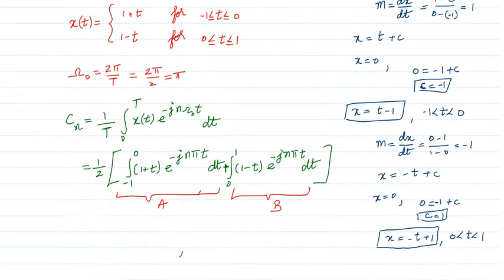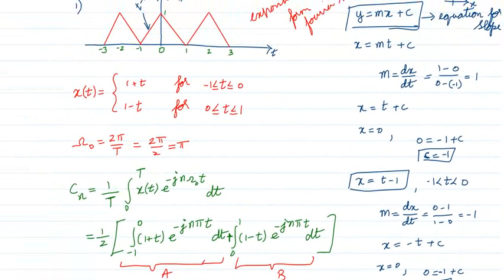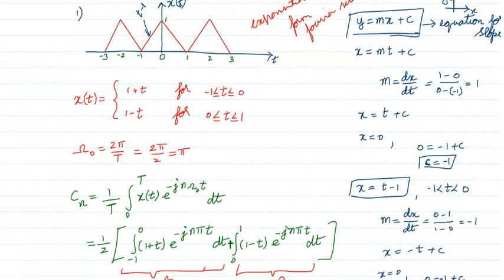Now if you put the c value, x equal to minus t plus 1 between the time 0 and 1. So this is the waveform. This is the equation of the slope. This is very important. Once the question is given, we have to find what is the equation of the slope.